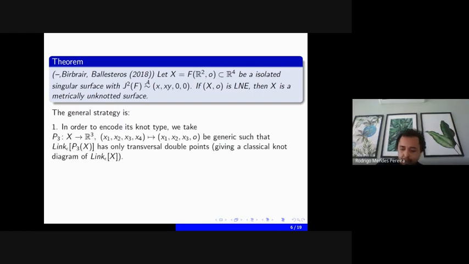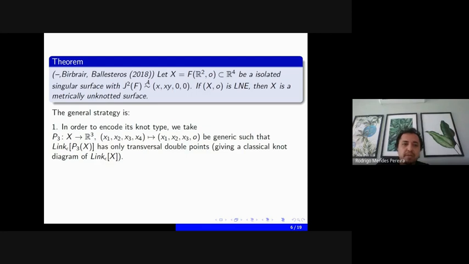So I intend to speak in some detail about the proof of this theorem. Even if it is a particular situation, I think that some kind of strategy in this proof can be generalized to amplify this result.